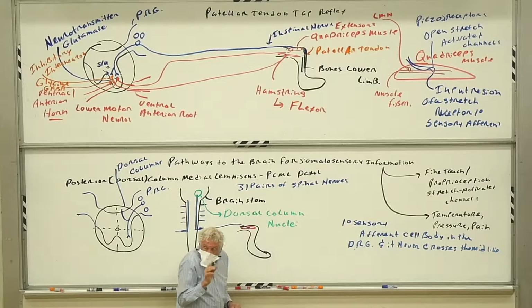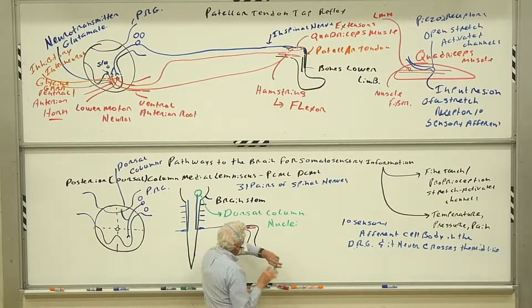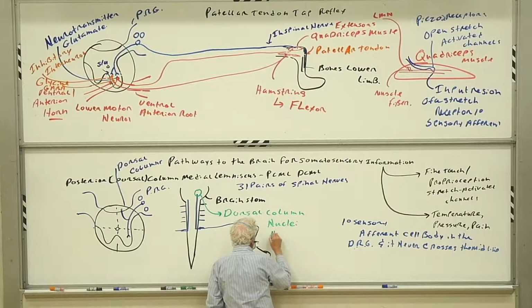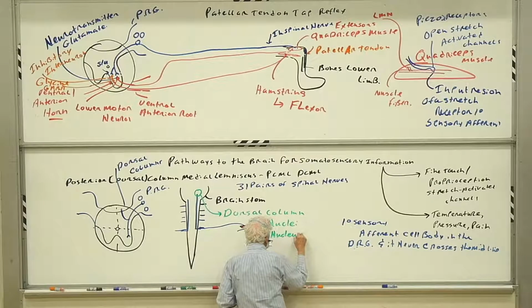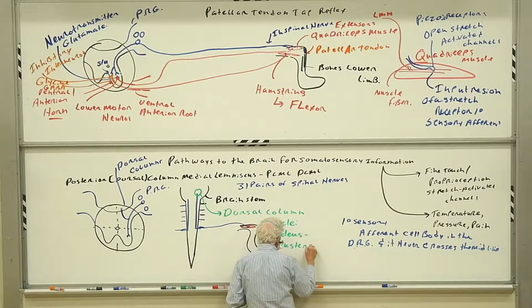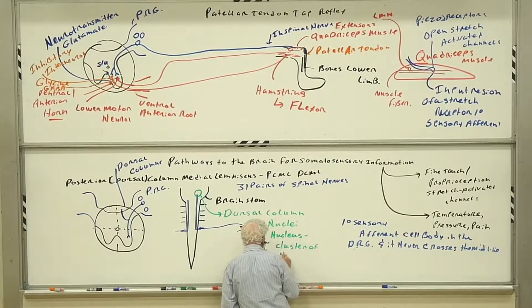Now again, there's some terminology here. The definition here is that when we talk about a nucleus, we mean a cluster of neuronal cell bodies.